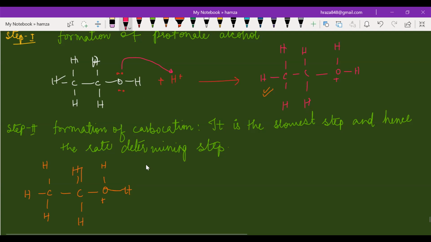So in order to stabilize itself, oxygen will take electrons from carbon and it will become H2O, eliminated. Since the right carbon donated one of its electrons to oxygen, it will have a positive charge, and this is how the formation of carbocation took place. This step is the slowest step, that's why it is the rate determining step. Is that clear? Please write this.